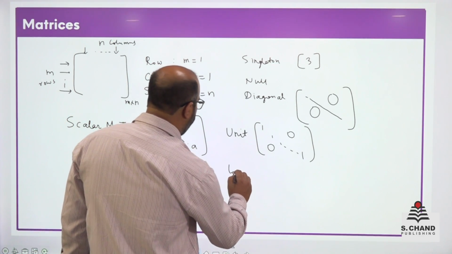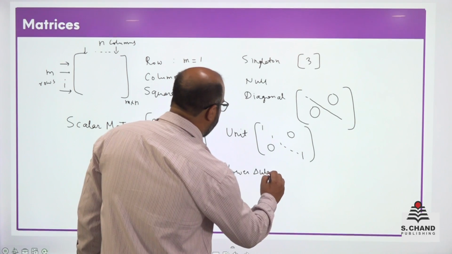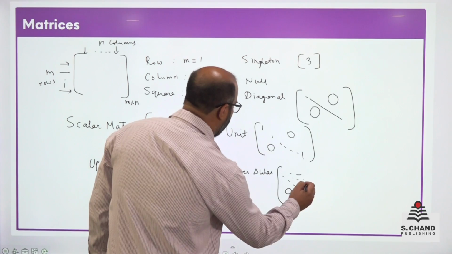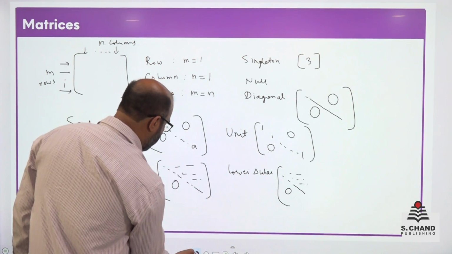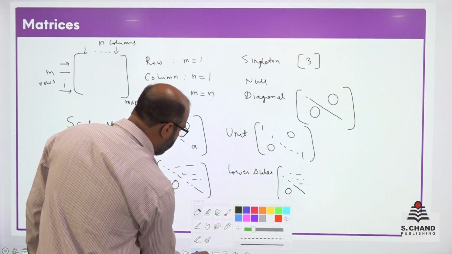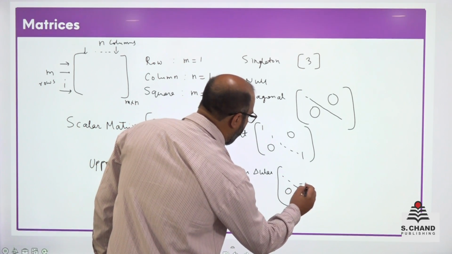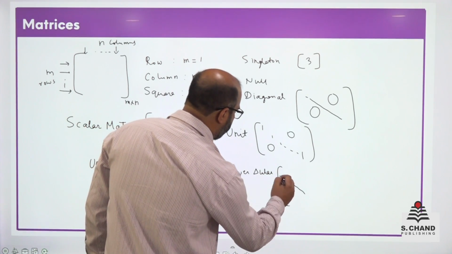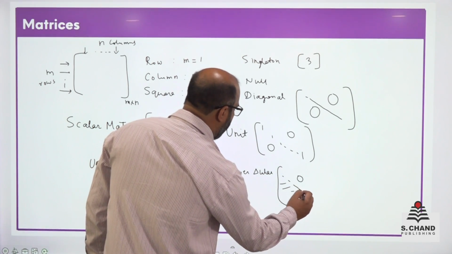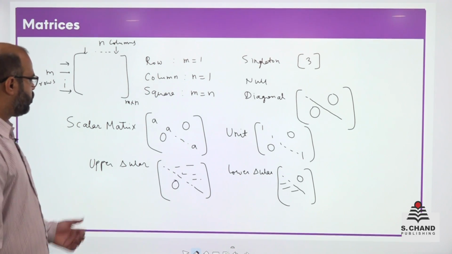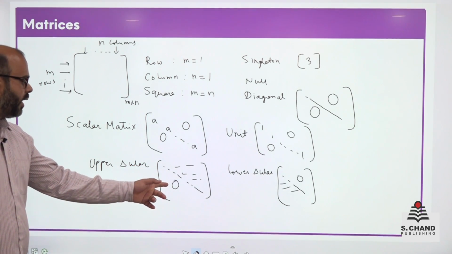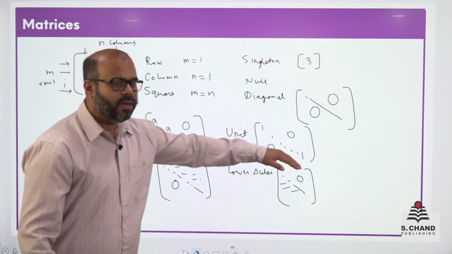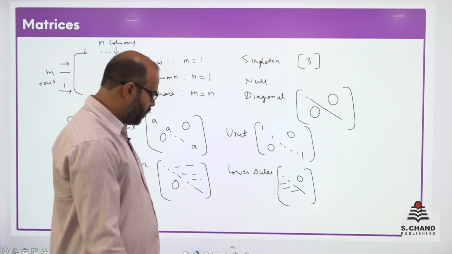And if you talk about lower triangular matrices, then all the elements above the diagonal are 0 and the rest of the elements can be any value. So upper triangular, lower triangle is 0; lower triangular, upper triangle is 0. Upper triangle means above the diagonal elements, lower triangle means below the diagonal elements.